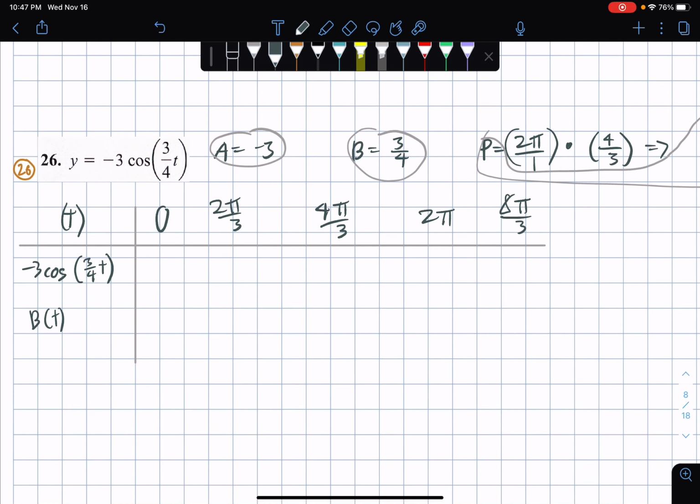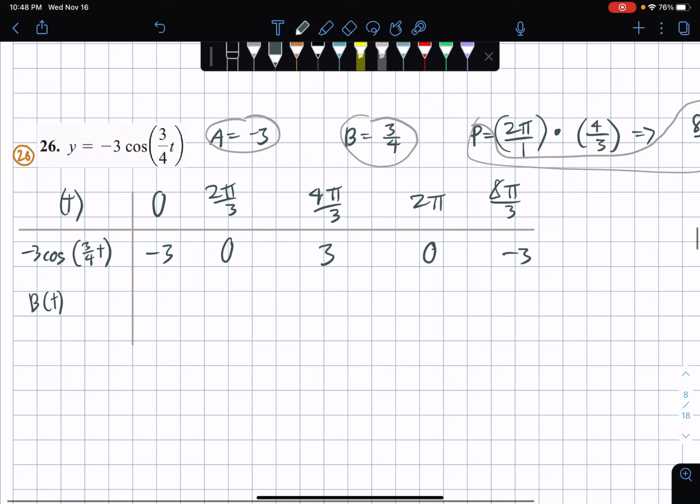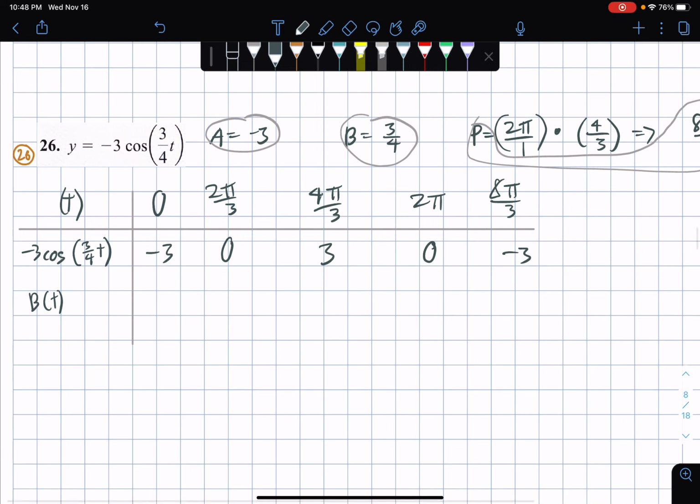So negative 3 cosine times 3/4 times t. These are the numbers. Negative 3, 0, 3, 0, negative 3. So bt, again, it's t over b.